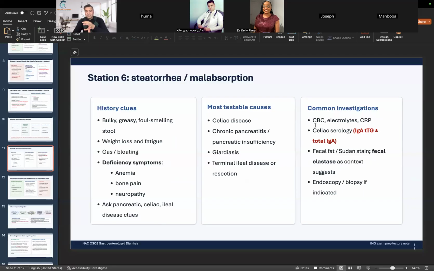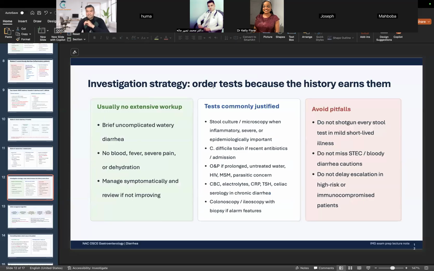Fecal fat, Sudan stain, fecal elastase, as the context suggests. Remember, this is for pancreatic insufficiency. Endoscopy, biopsy if indicated. Investigation strategy: the tests are ordered because the history earns them. Usually, no extensive workup.